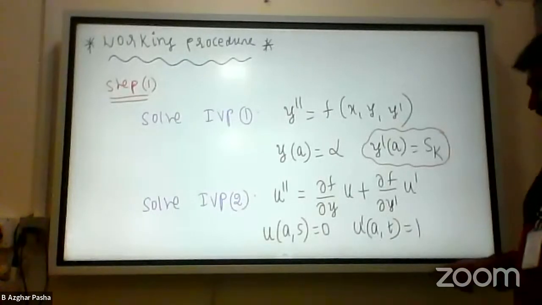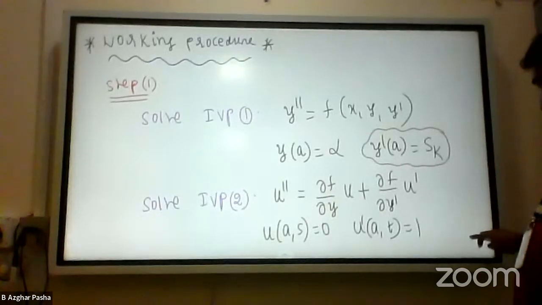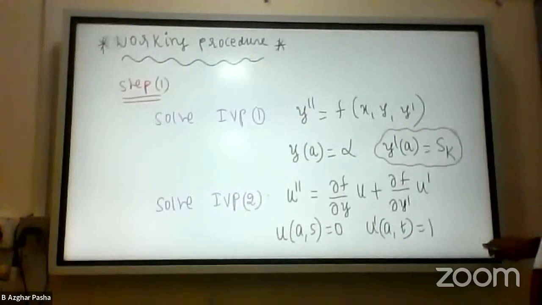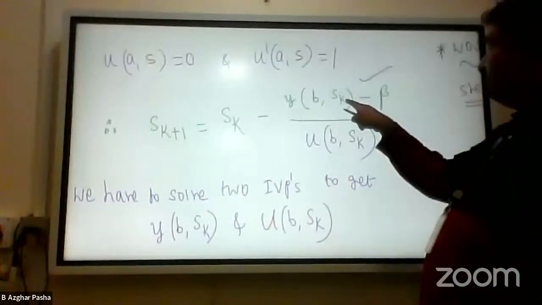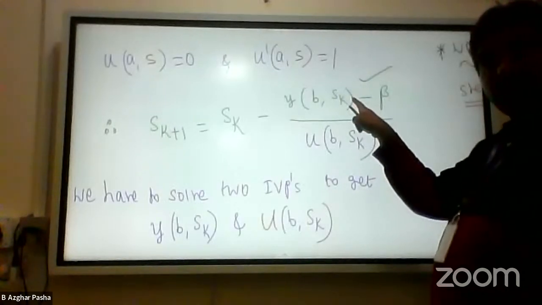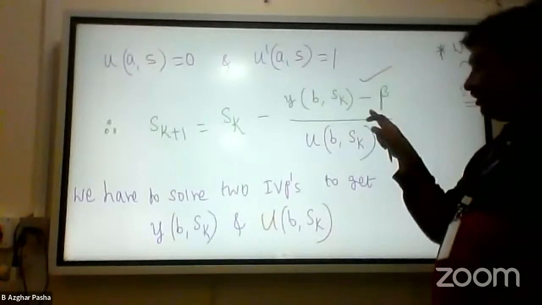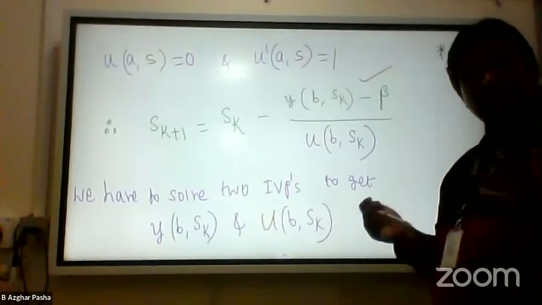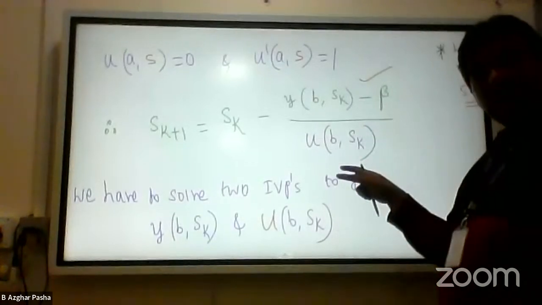Okay. I will solve this equation because ultimately what is required is the numerator number. As a function, I don't know it, but the number I want, y of b comma s, for a particular value of s I can find y using ODE45. The denominator I was not knowing.